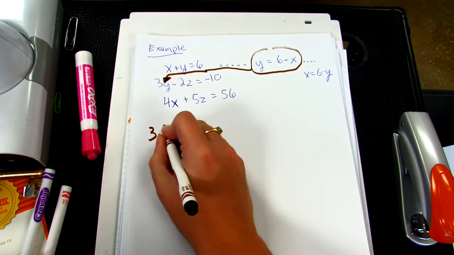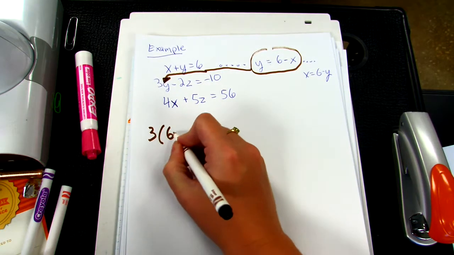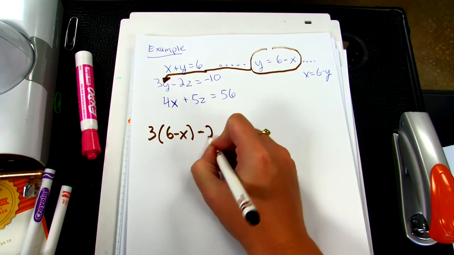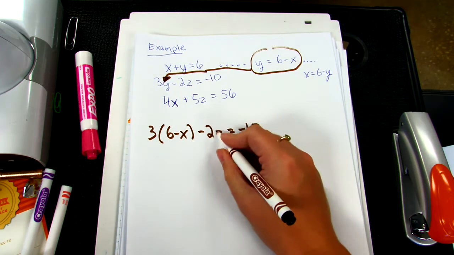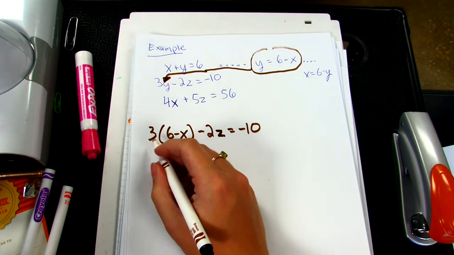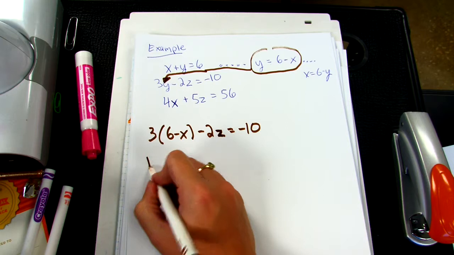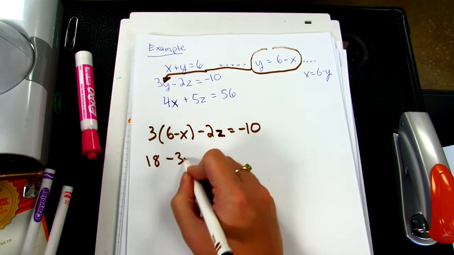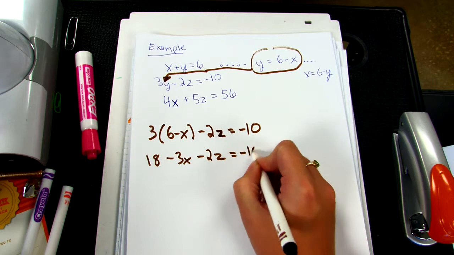And that gives me 3 times, I'm going to substitute for y, so I'm going to say 6 minus x, minus 2z equals negative 10, okay? So that becomes 3 times 6 is 18, minus 3x, minus 2z equals negative 10.